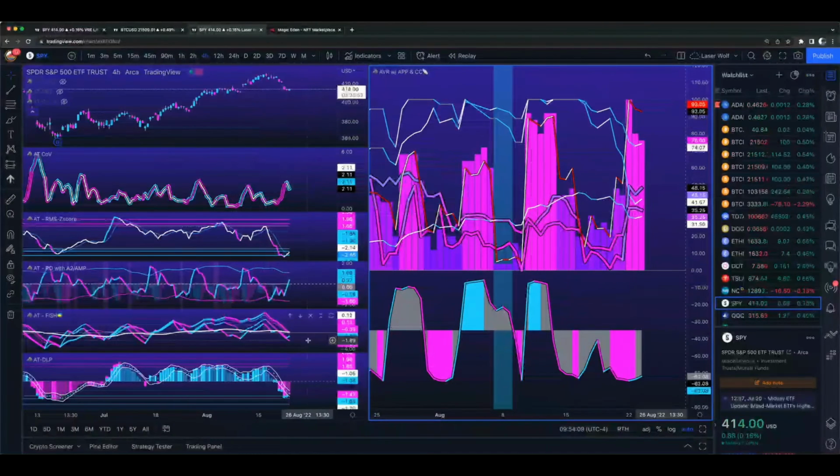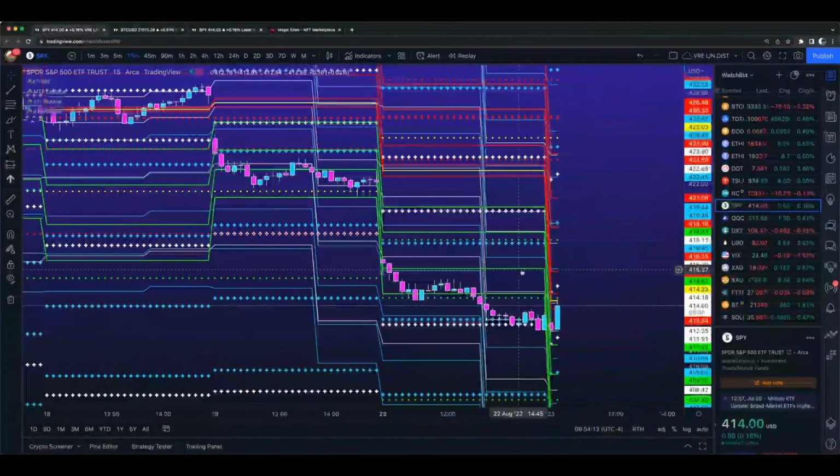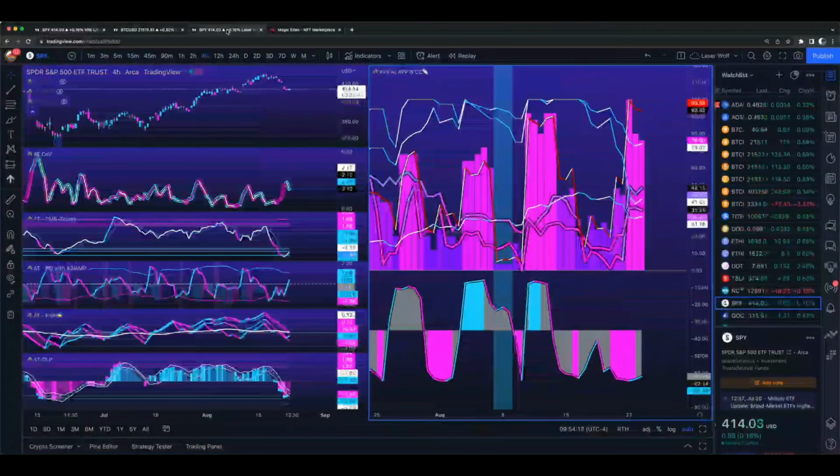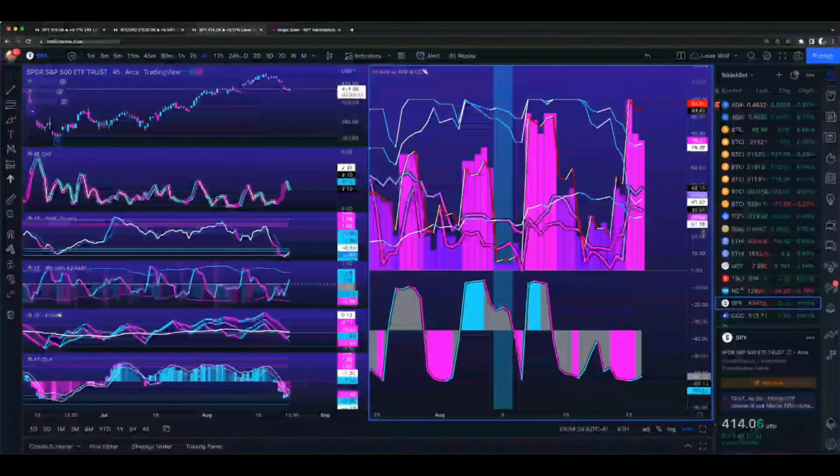And on this 4 hour close, I would imagine if SPY closes up above the 68.3, you will see all these fissures flip up, and if that happens, the volatility is going to kick up, heading back into positive correlation. So that's what we're looking for. That is definitely what we're looking for.